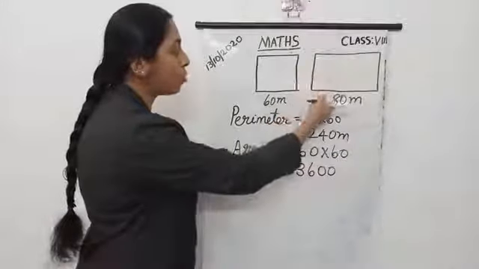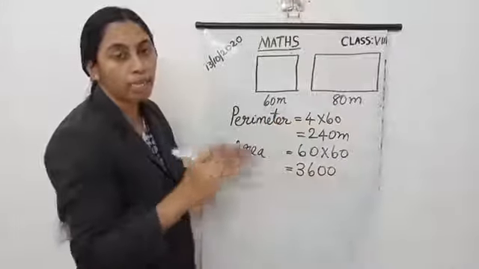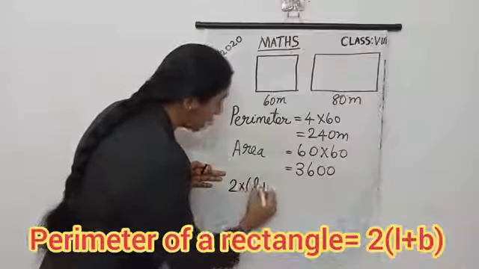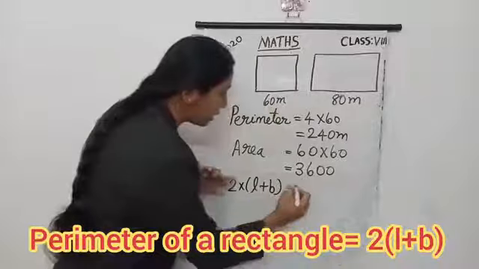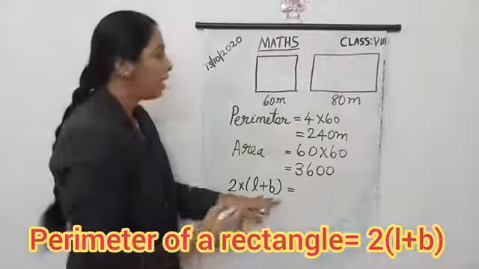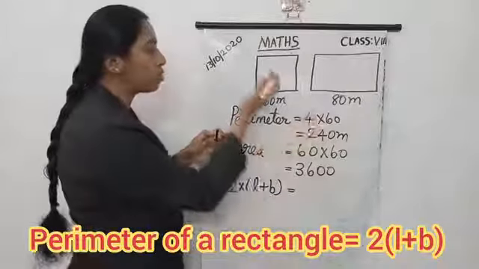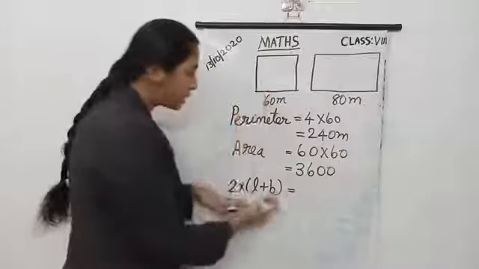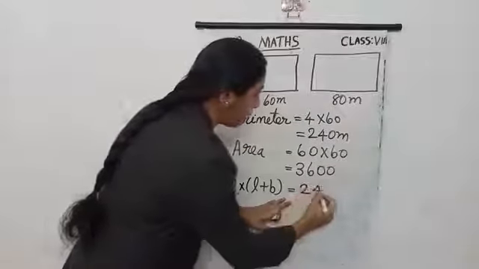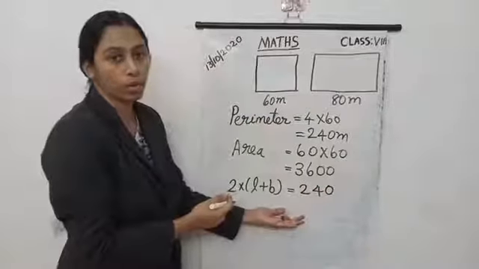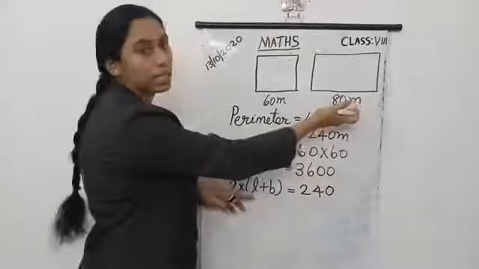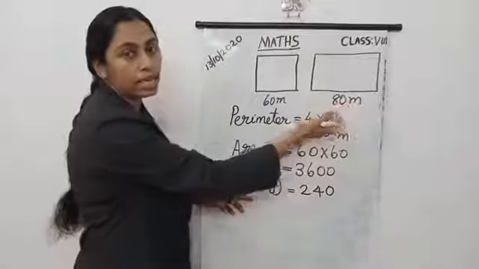What is the formula for finding a rectangle's perimeter? 2 into (L plus B), where L is length and B is the breadth. This is equal to the same perimeter as the square, so this is equal to 240. This is according to the question. Now L is given in the rectangle, L is 80.